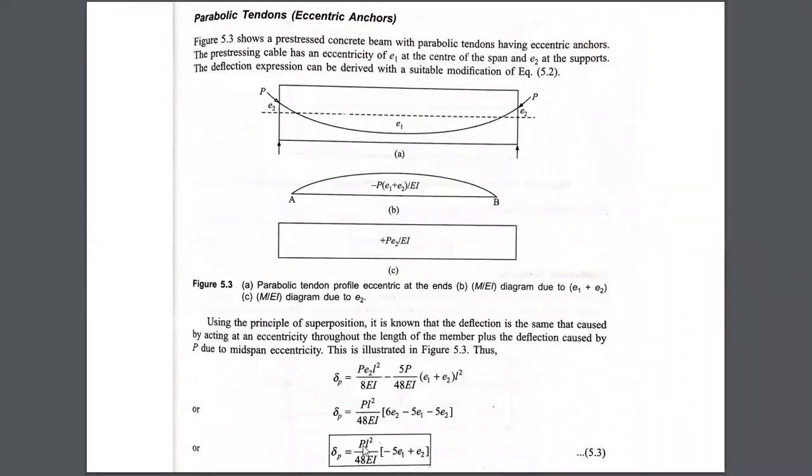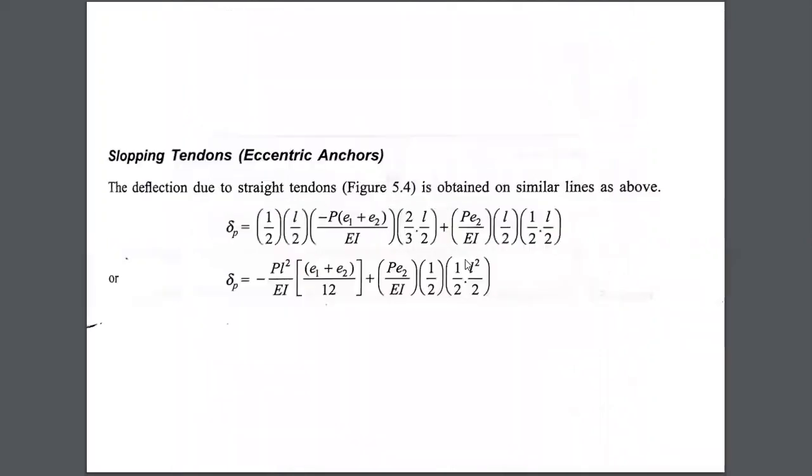You can simplify. Finally, you get delta P, which is nothing but the deflection at center, and P is nothing but the prestressing force. P L square divided by 48 EI into (minus 5 E1 plus E2). This is the formula for parabolic tendon having eccentric anchors.